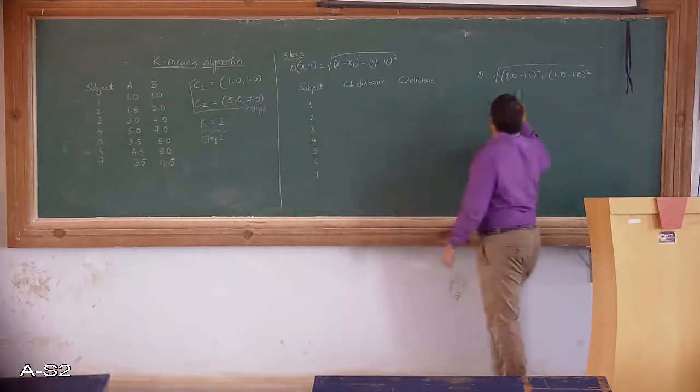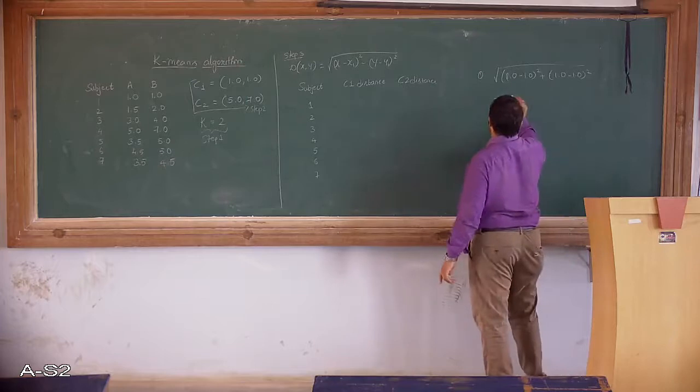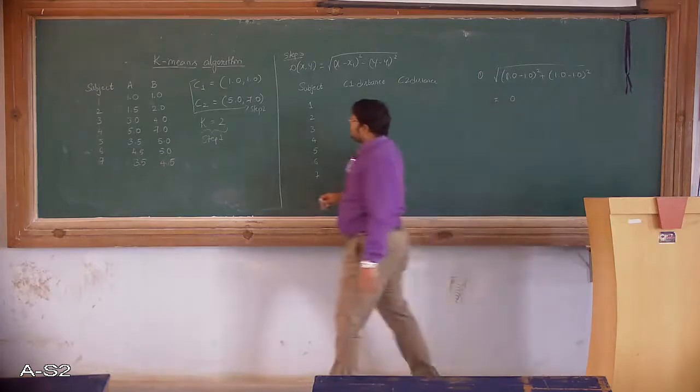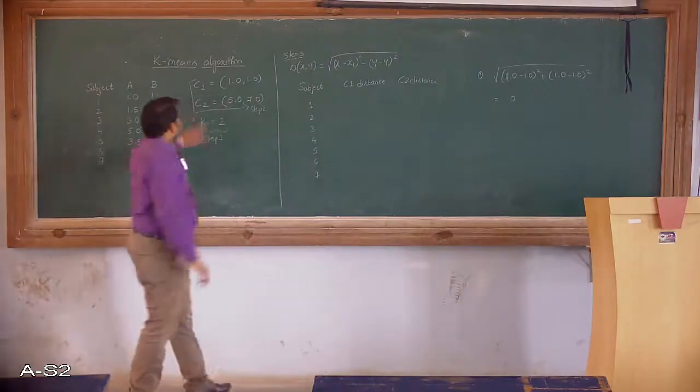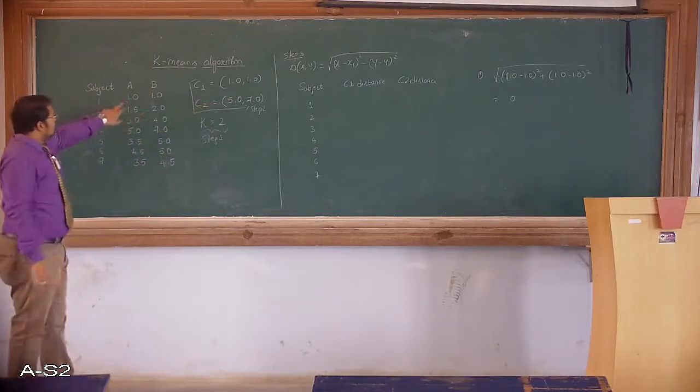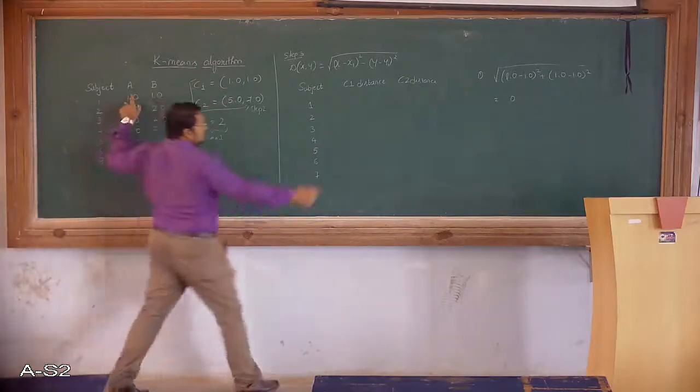For the first one, the value here is x, this value is xi, this is y, and this is yi. So (1.0 minus 1.0) whole square plus (1.0 minus 1.0) whole square. What will be the answer? The answer would be 0. For the first subject, the C1 distance is 0.